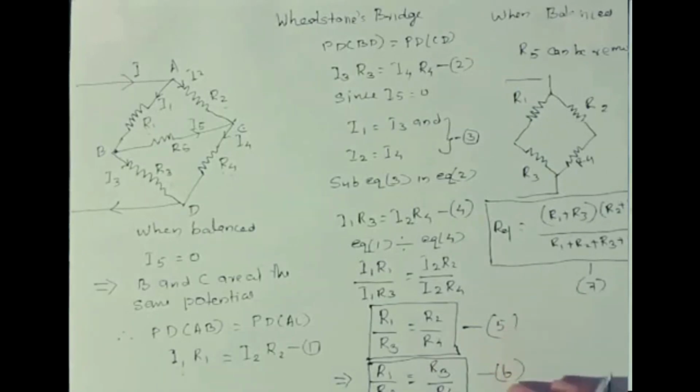Equations 5 and 6 give you the balancing condition for a Wheatstone bridge circuit, and equation 7, that is R1 plus R3 times R2 plus R4 upon R1 plus R2 plus R3 plus R4, gives you the effective resistance of a balanced Wheatstone bridge circuit.